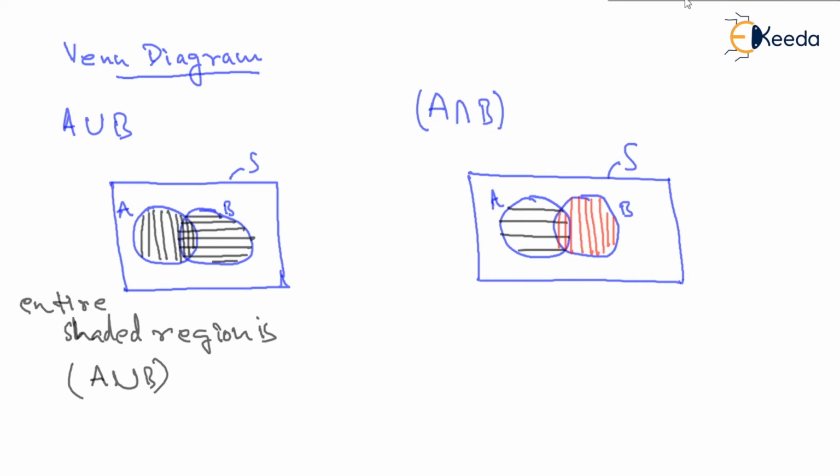So overall we can see that what is in both A and B is this region.